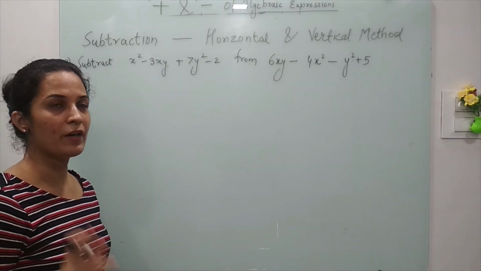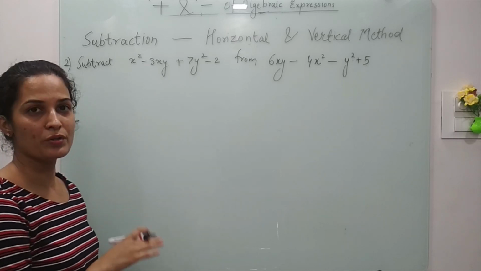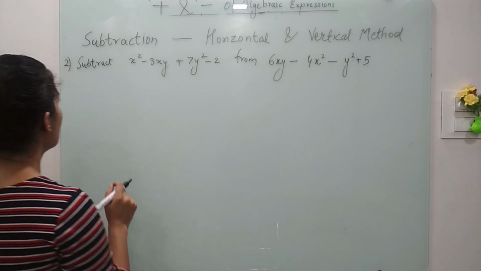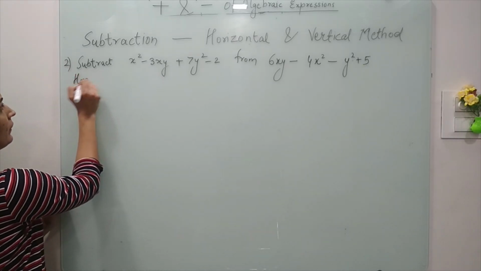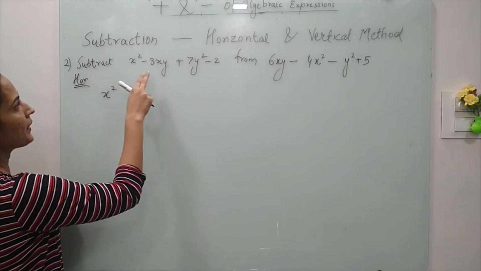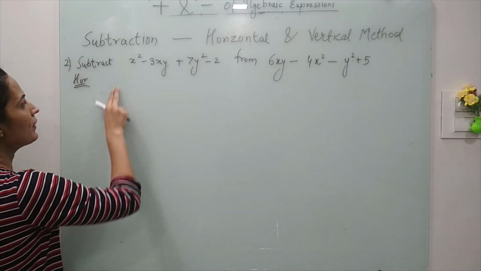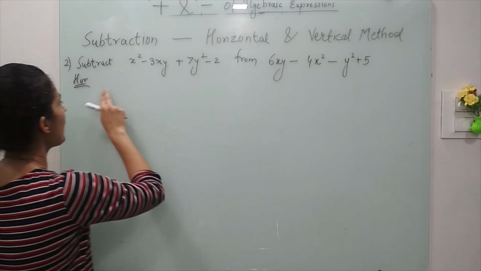So now we will take one more example of subtraction and we will do this with both horizontal and the vertical method. Let's first do the horizontal method. This is x square, we have to subtract this from this again. So I will write this expression at the first.